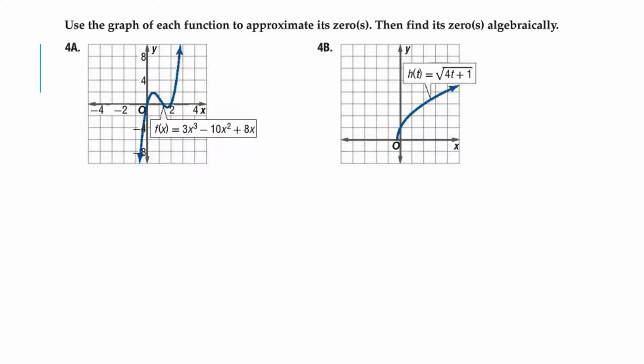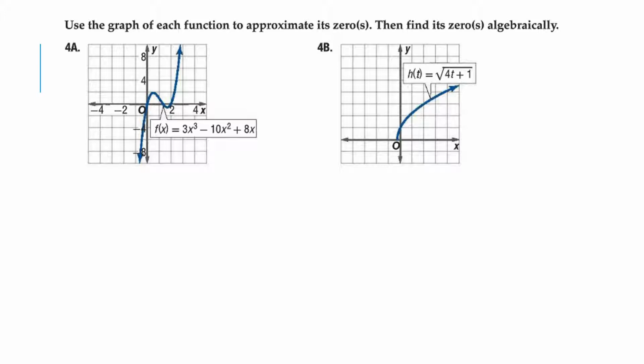All right, so the next thing that we are going to do is actually find the roots, or the zeros, of a function. Now on this slide, I'm going to do A, and then I'm going to clear the slide and I'll do B. But looking at this, I have this function. And this function, we're going to approximate where it crosses the x-axis.